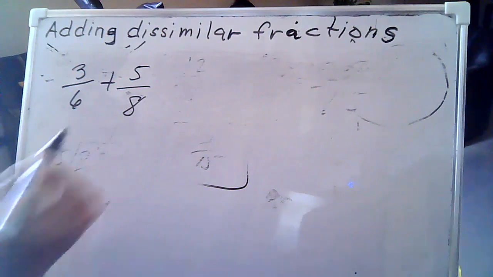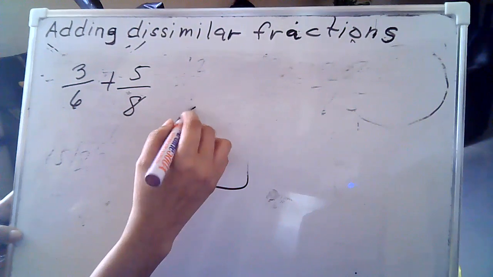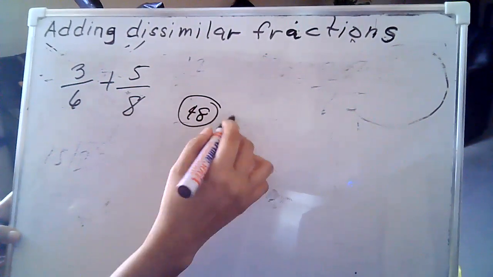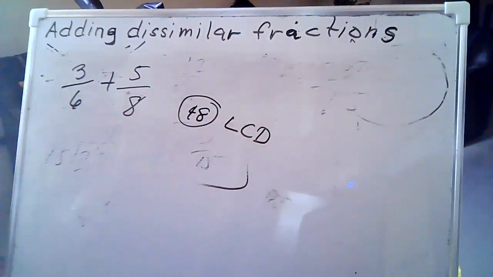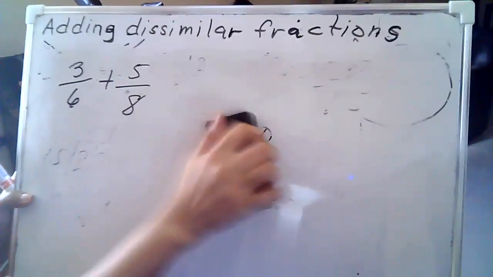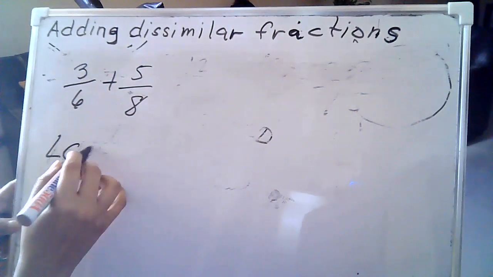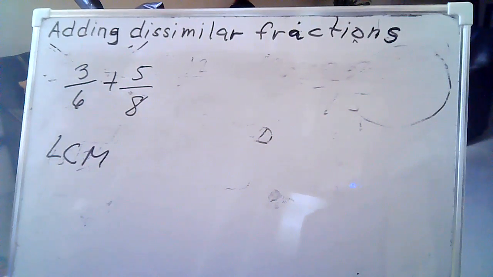Okay, so hindi natin pwedeng i-multiply 6 times 8 kasi ang result niya is 48, which is not the LCD. Hindi yung LCD. So, ang gawin natin here is to list their multiples. So, find their least common multiple. Okay? So, listing their multiples.